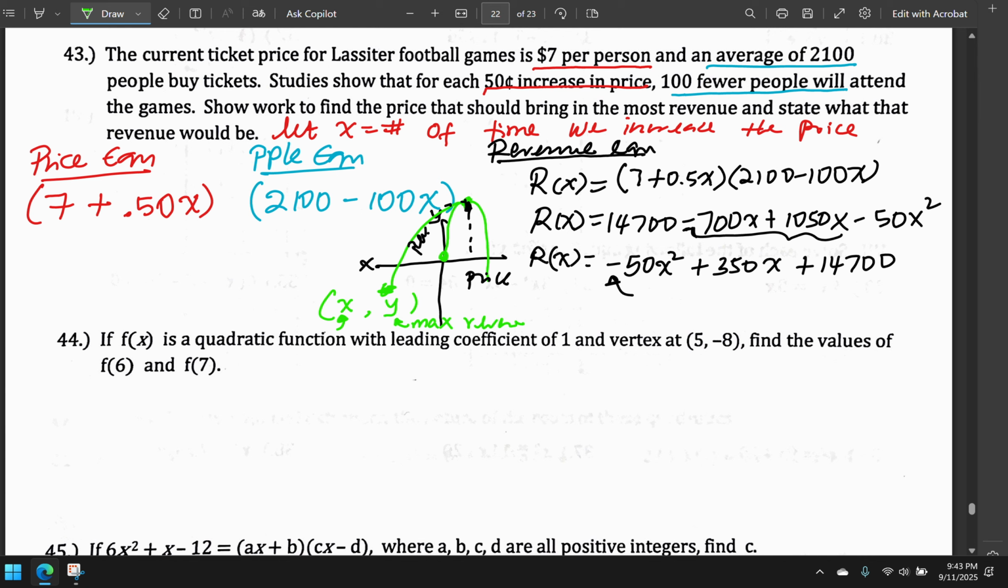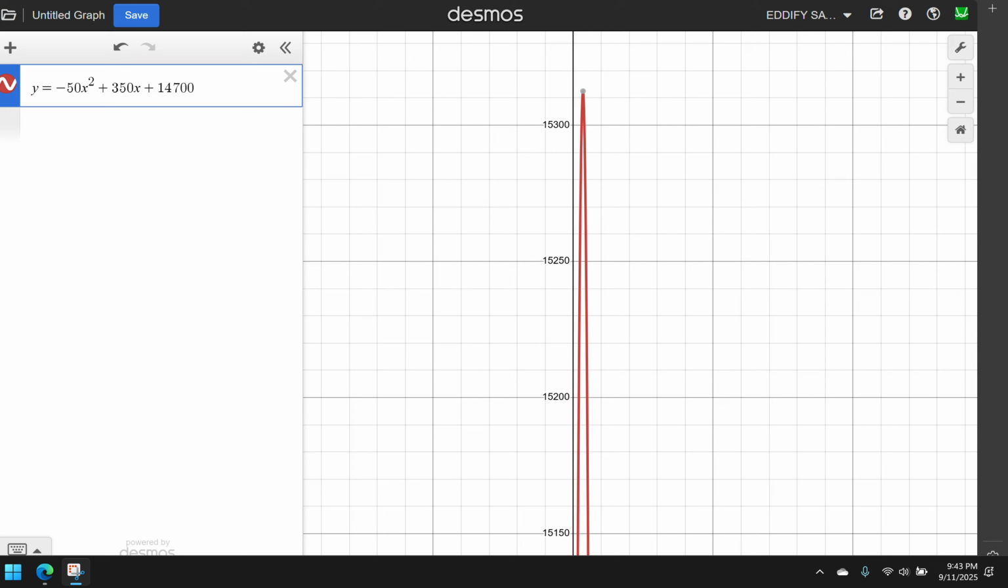So let's go ahead and graph this equation in Desmos. You can use Desmos or you can use your graphing calculator. Just type in this revenue equation that we just came up with. I'm going to use Desmos so you can actually see this. Let me pause and type it. There we go. Now I've typed the equation, and this is the vertex of it in Desmos.